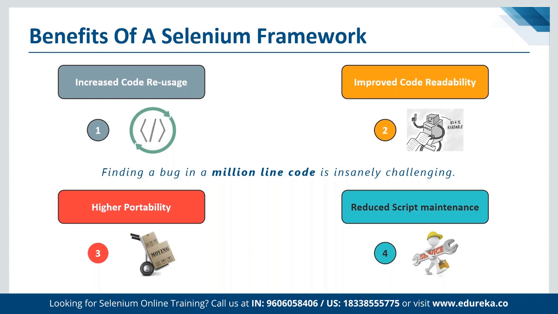You refer to a particular reusable part from one location, so that if you want to change something, your change is not going to be a tedious task. So in case of changes, it's very easy to change and easy to manage the maintenance of the code. That's the reason a framework is required.